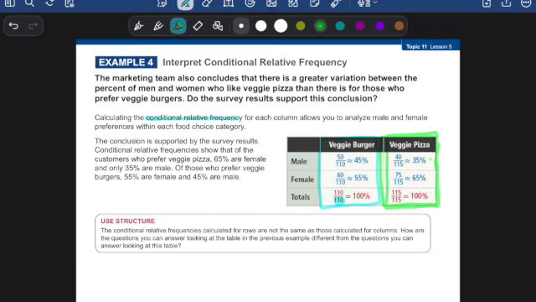So 35% were male and 65% were female. There's a greater difference between 65% and 35%, so there's a greater difference between males and females with the veggie pizza. This does support their conclusion that there is a greater variation between those who like veggie pizza.